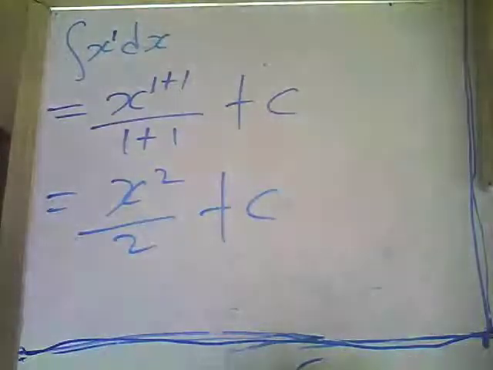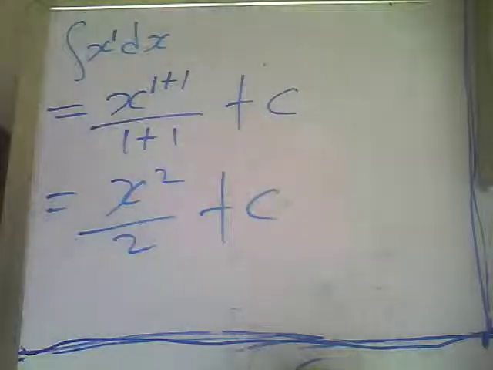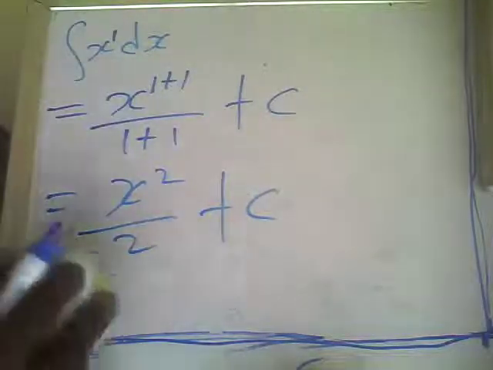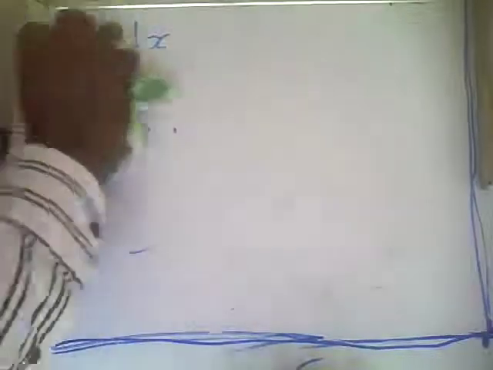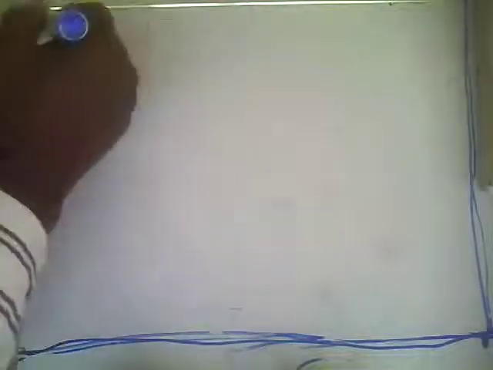Is this getting clearer to you? We've not done any magic. We are just applying the rule that I stated before the first example. Now the last example under this section, which I'm going to emphasize a little bit, is when we have something like the integral of 2 dx.